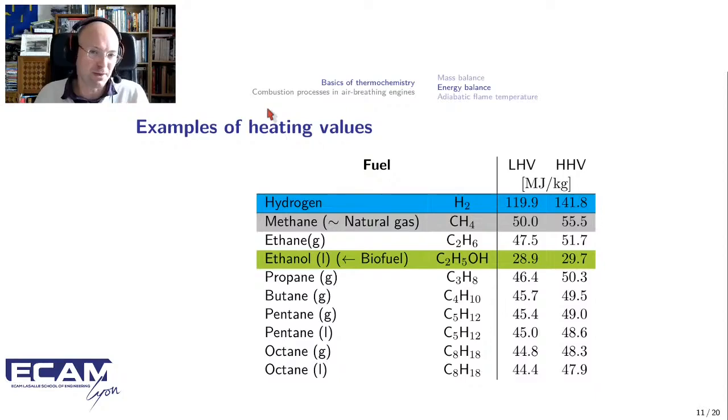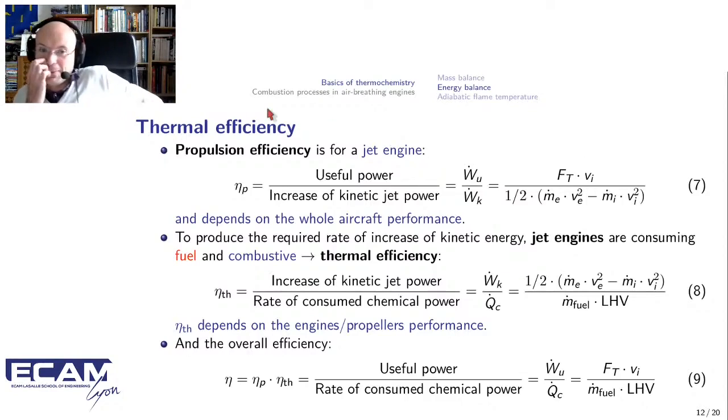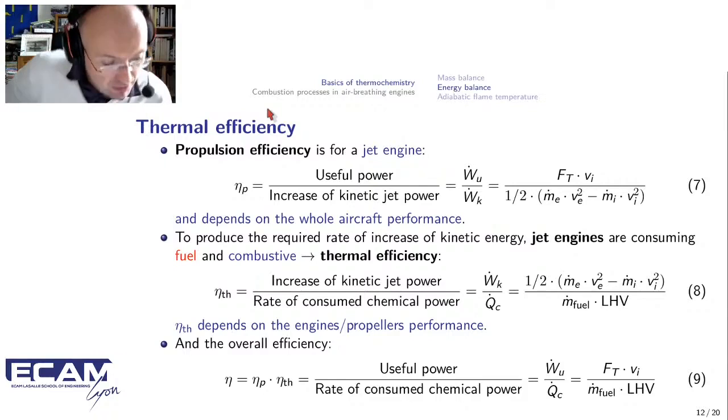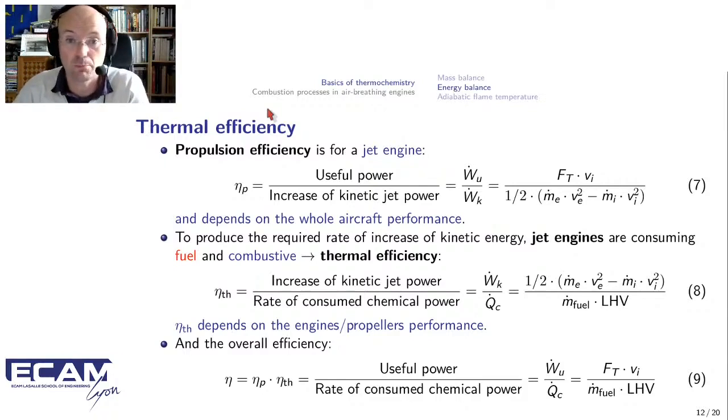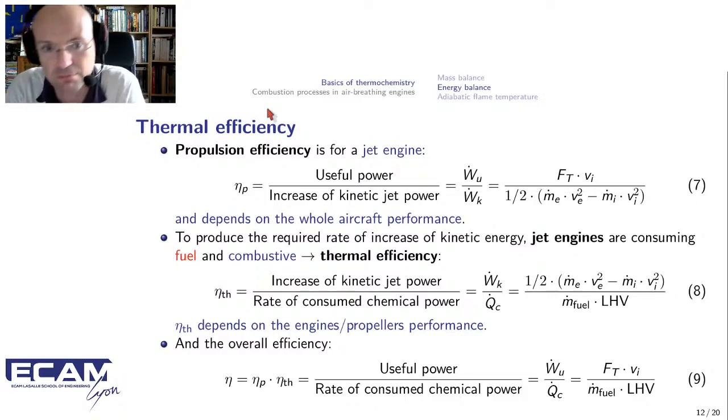A few minutes back on the basic performance criteria we already considered in the first lecture, if you remember, all which was related to flight. We already worked on the propulsion efficiency, so I'm absolutely sure it's completely clear for all of you. But there was another efficiency related only to the engine itself, which was called thermal efficiency.